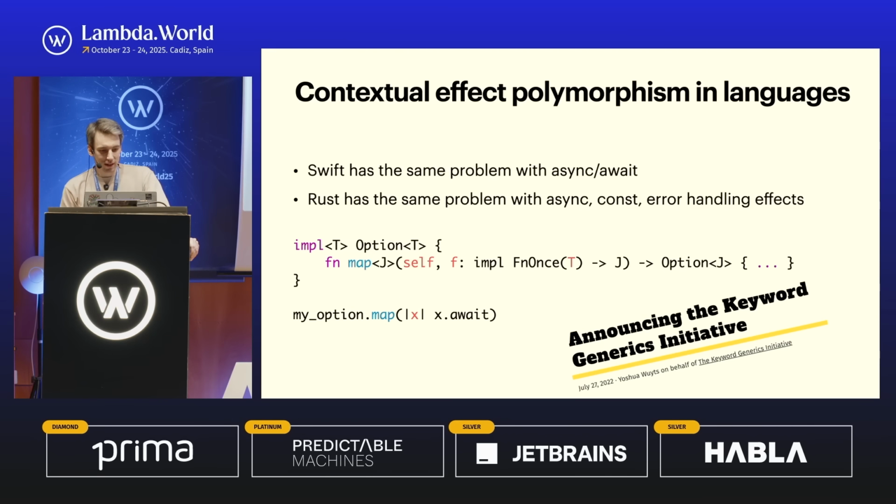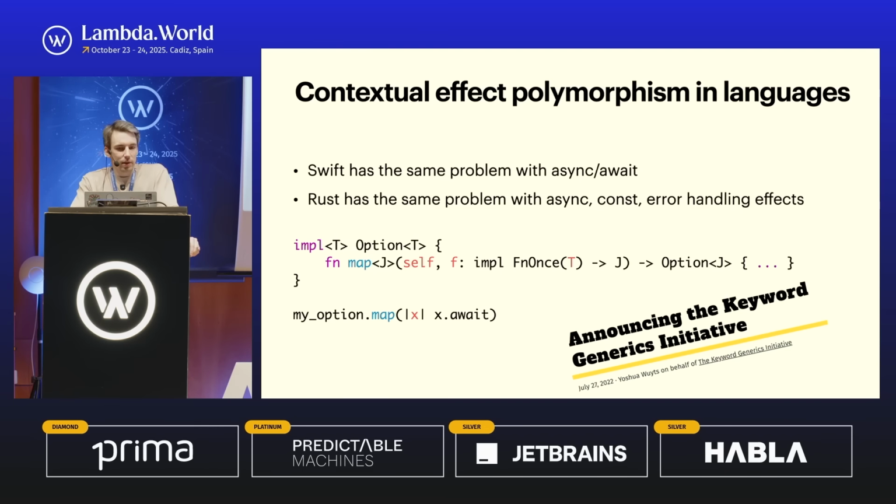And if you take a look at the other languages, the problem is actually all the same. Swift has the same async await. Rust has this problem with async, const expressions, error handling. If you try to write things like a typical functional map and try to do await in its closure, then you get an error because, again, the compiler doesn't know how to perform this await operation.